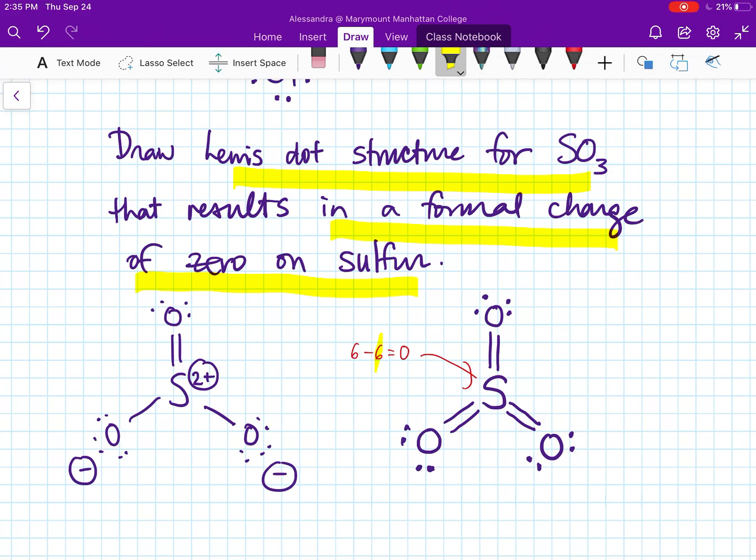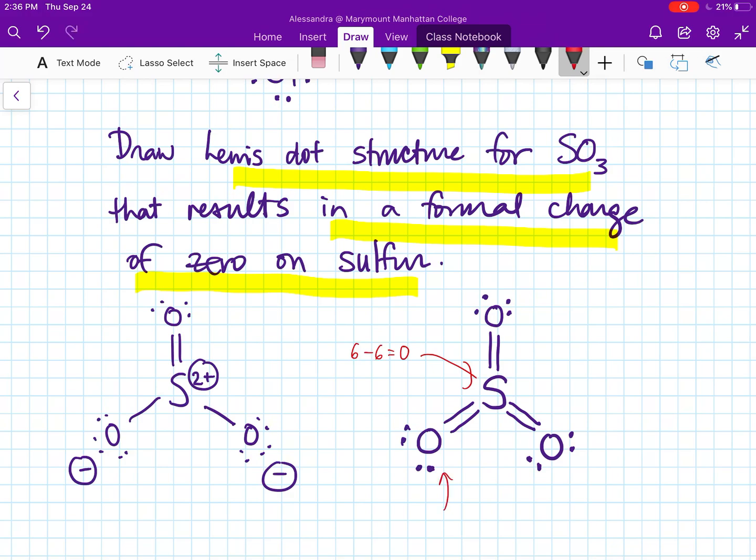I know that's a little bit complicated, but I'm counting up half the bonds: 1, 2, 3, 4, 5, 6. That's where I get this 6 to subtract from the 6 electrons that free sulfur would have. So now I have drawn a resonance structure where sulfur has a formal charge of 0.